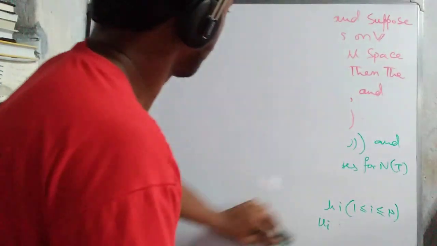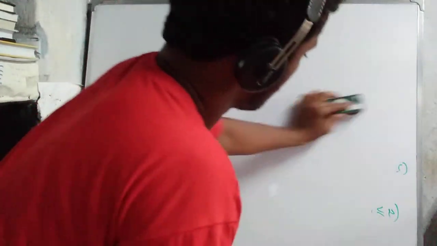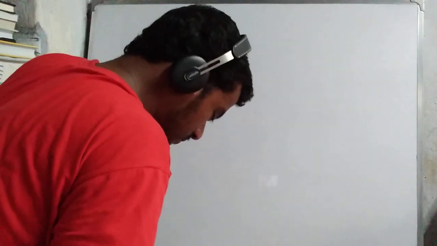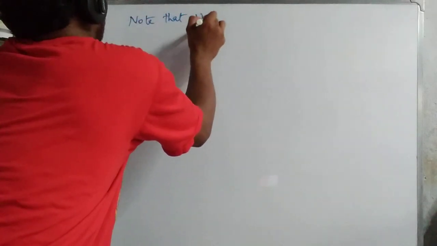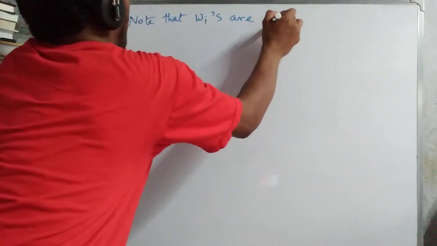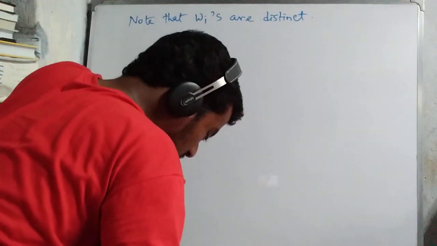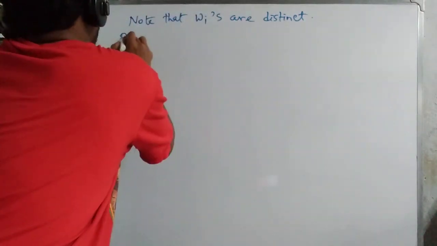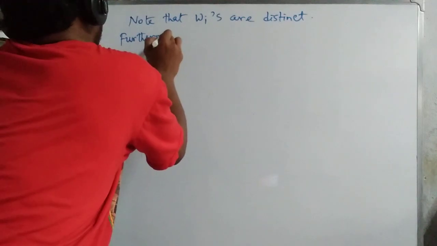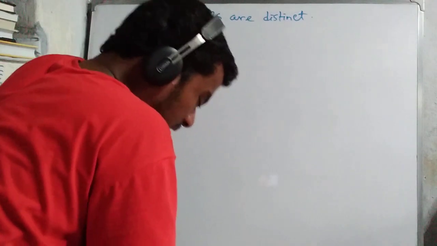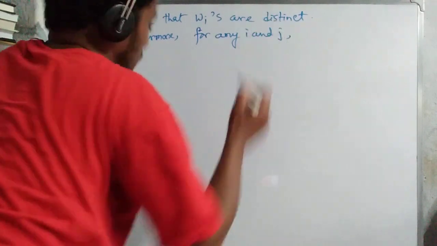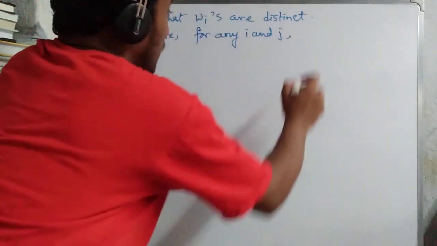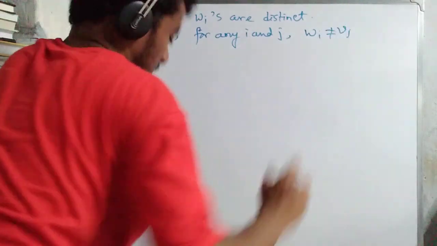So we start from here. Now we note that the wi's are distinct, and furthermore, for any i and j, wi is not equal to vj.